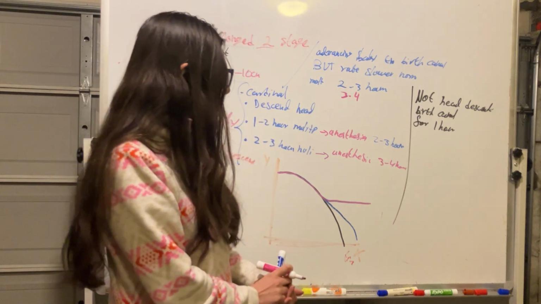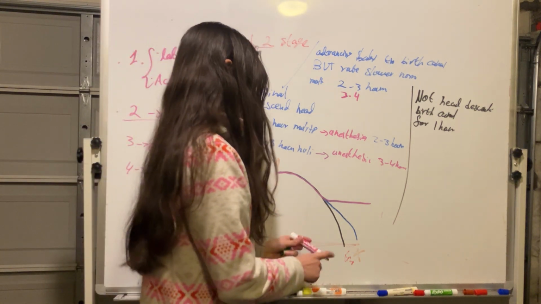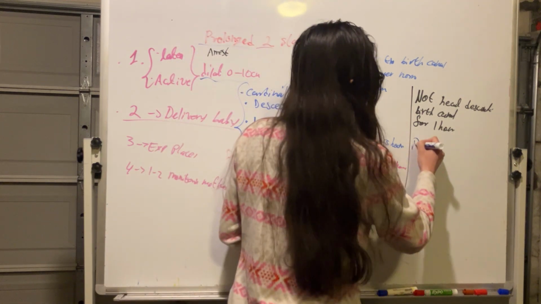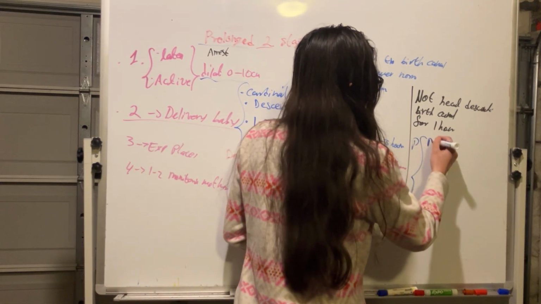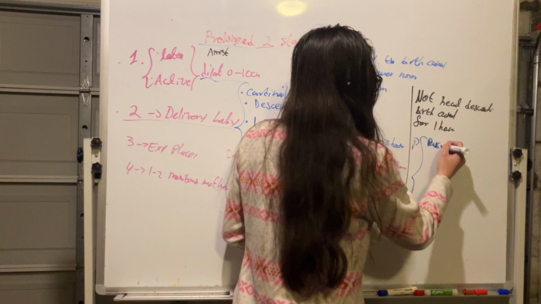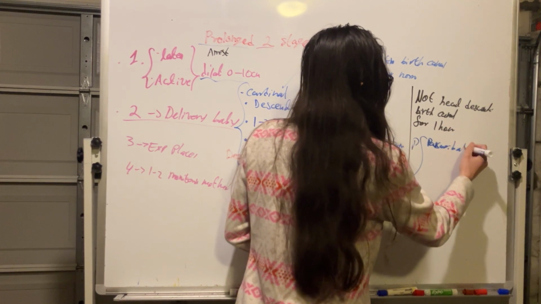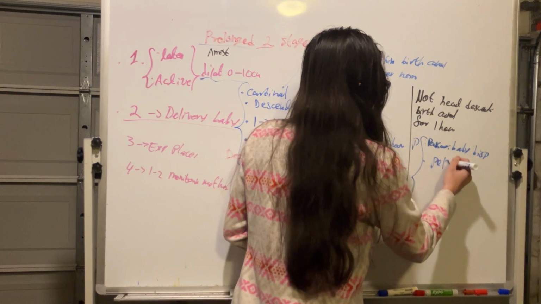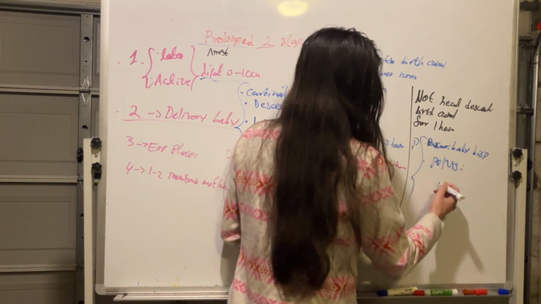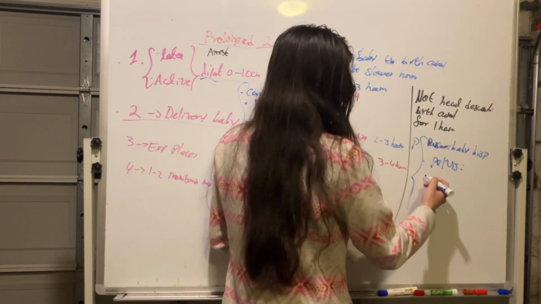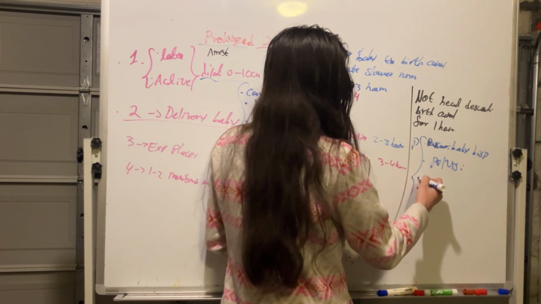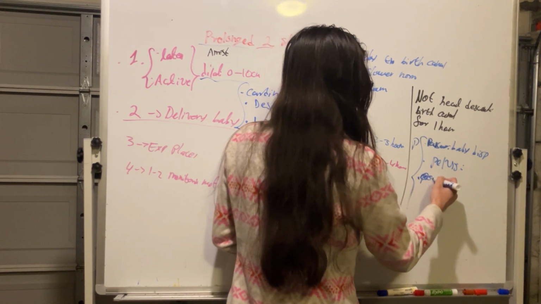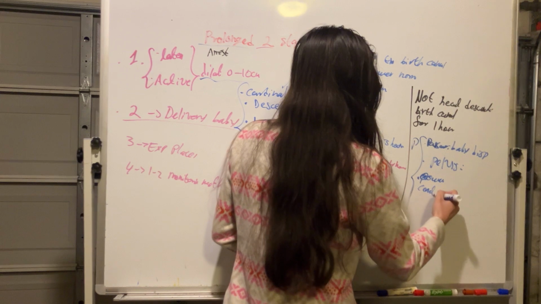And again, this could be because of the etiology of the 3 Ps, so this could be because of the passenger, so this could be because of the baby being disproportionate, or being a macrosomic baby, or this could be because of the pelvis of the mother, because of a fracture, or because of a different kind of pelvis, or it could be because of the power, which is the contractions.